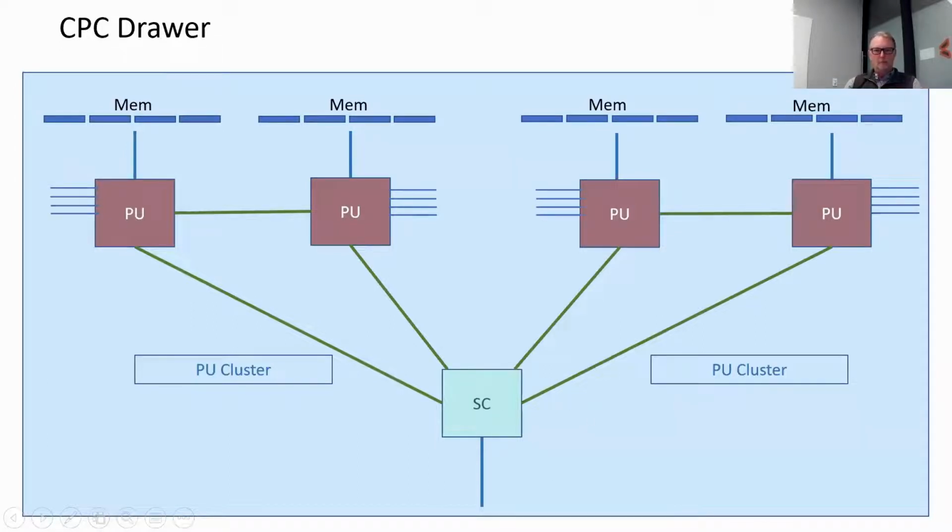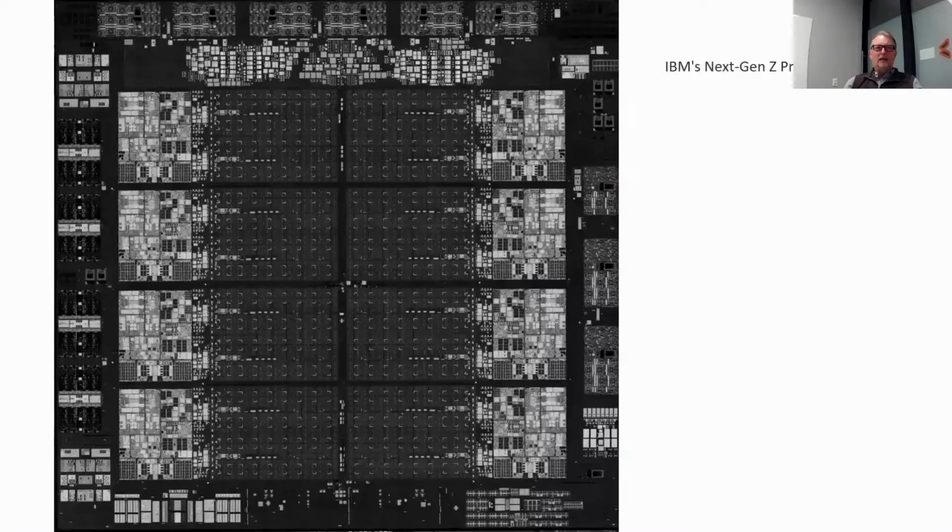Okay. All right, so to go on, the newest IBM chip is the Telum chip. And the Telum chip is going to be in the next generation Z processor, which will be coming out sometime soon.